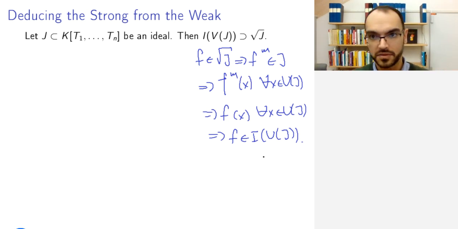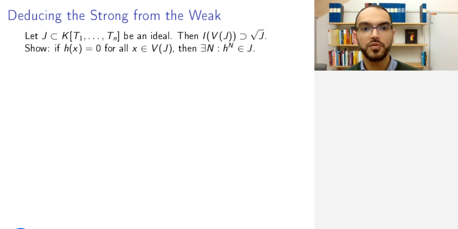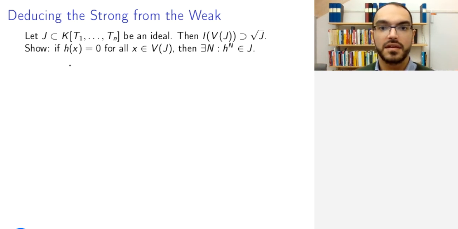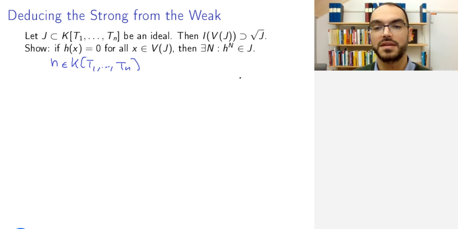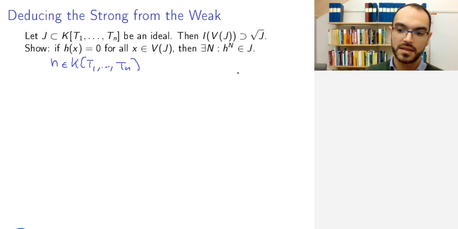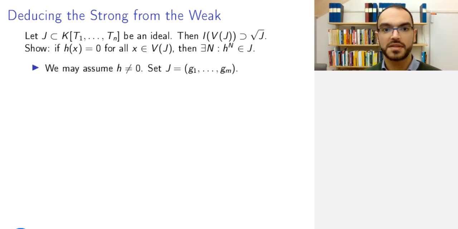What we want is the other inclusion. So what we want to prove is that if we take a polynomial h, so here h is some polynomial in K[t1, ..., tn], and if h vanishes on all points of V(J), so it is in this ideal, then it is in the radical, meaning that some power of h is in J. The first step is that we may assume that h is non-zero because the statement is trivial if h is 0.